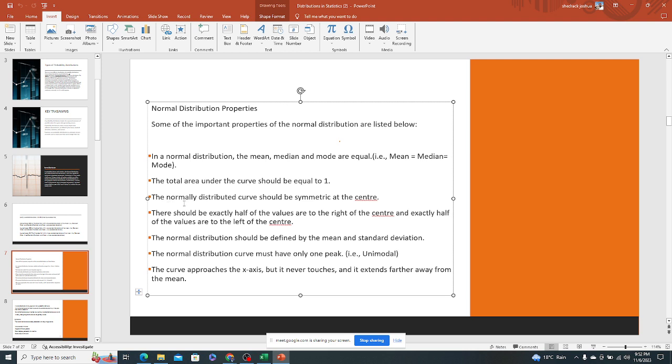So we are saying that the normally distributed curve should be symmetrical at the center. Exactly half of the values are on the right of the center, and exactly half of the other values are on the left side from the center.